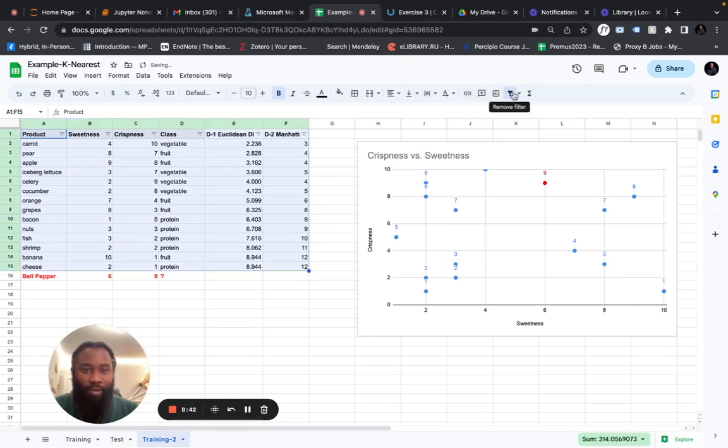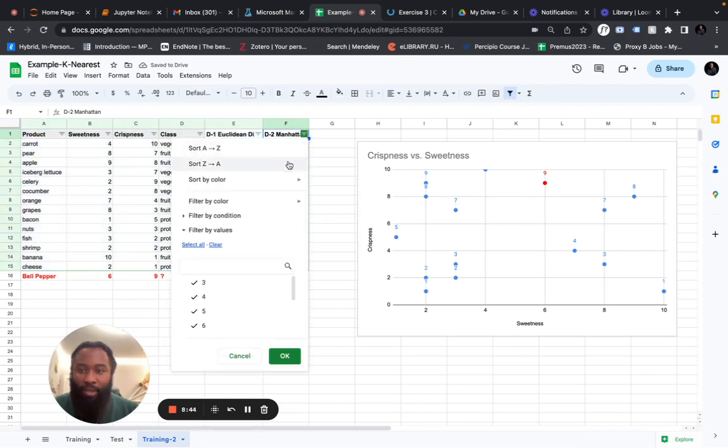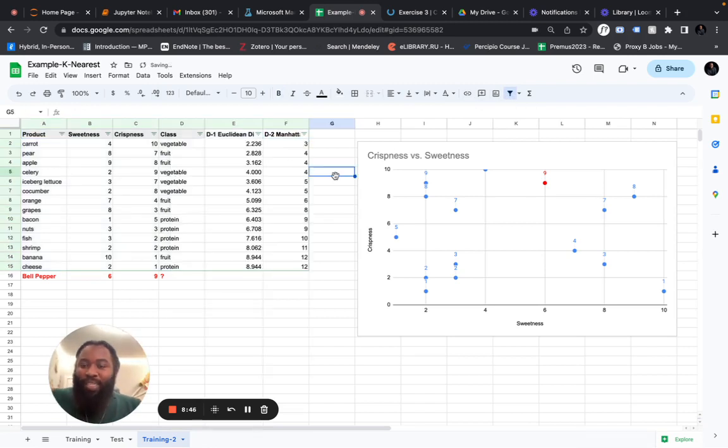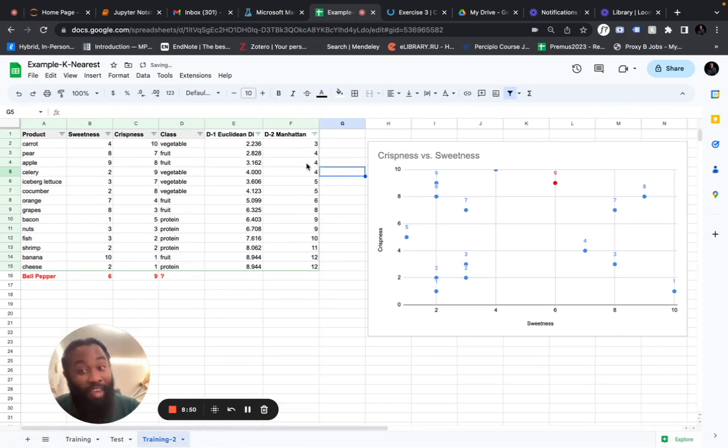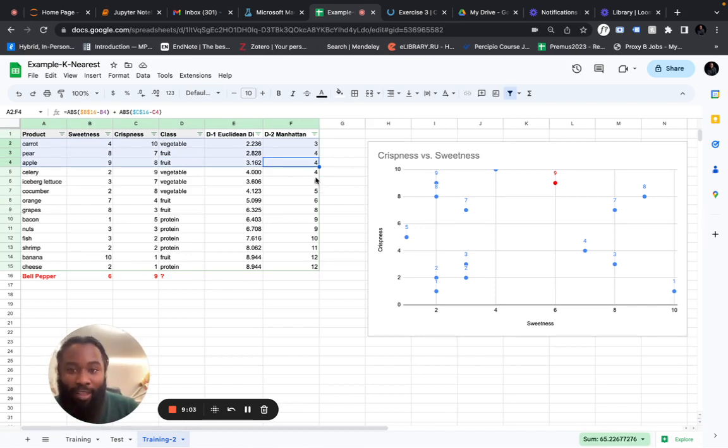And we get to the filter, and we sort. We would see also based on the Manhattan distance, if K is equal to 3, the vote here is that bell pepper is a fruit, right? But if K is equal to 4, then there's a lockdown, right? If K is equal to 5, then it's a vegetable.